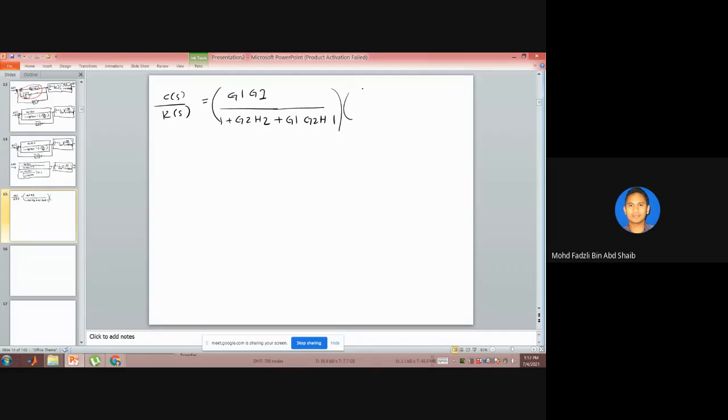This one simplify G2 plus 1 times G3 over G2 times 1 plus G3 H3.